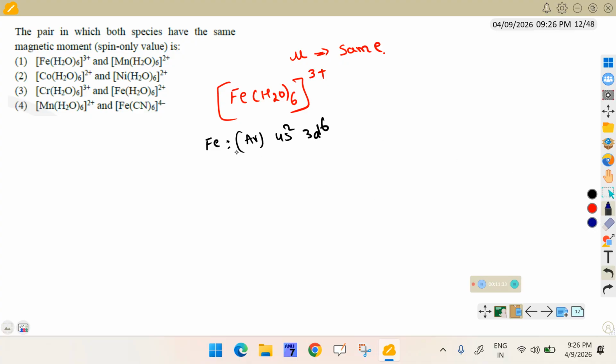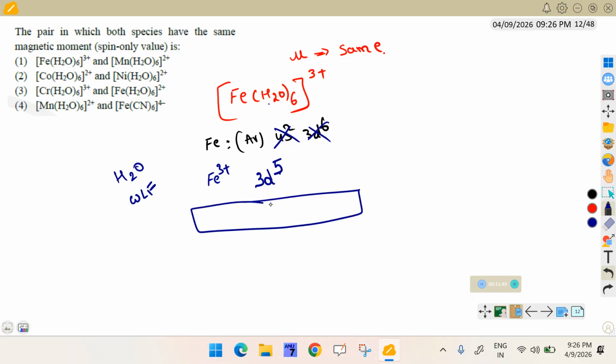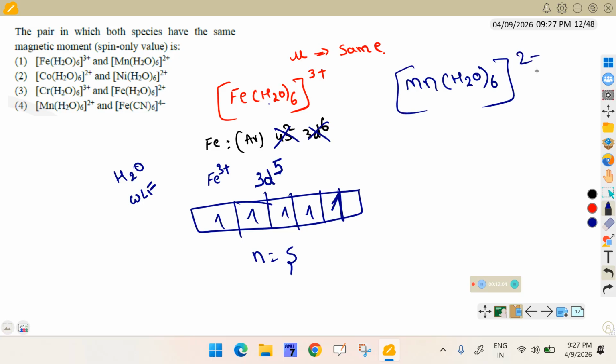Fe3+ form: remove 3 electrons, then 3d5 electronic configuration. H2O is a weak ligand field, so pairing does not take place. How many unpaired electrons does it contain? 1, 2, 3, 4, 5 unpaired electrons. 5 unpaired electrons are present. You can take [Mn(H2O)6]2+.